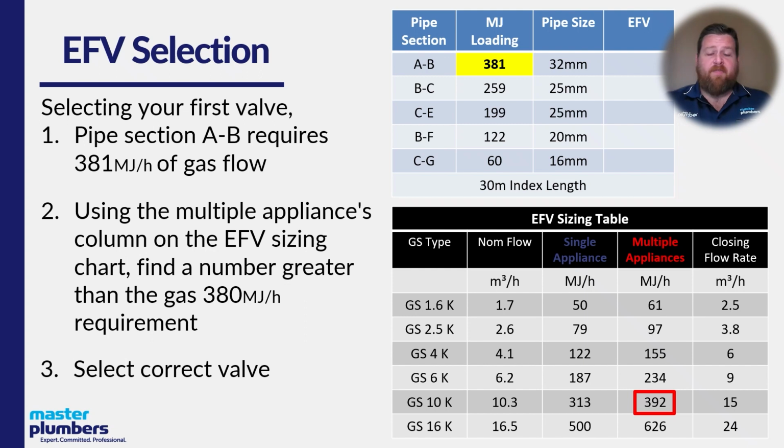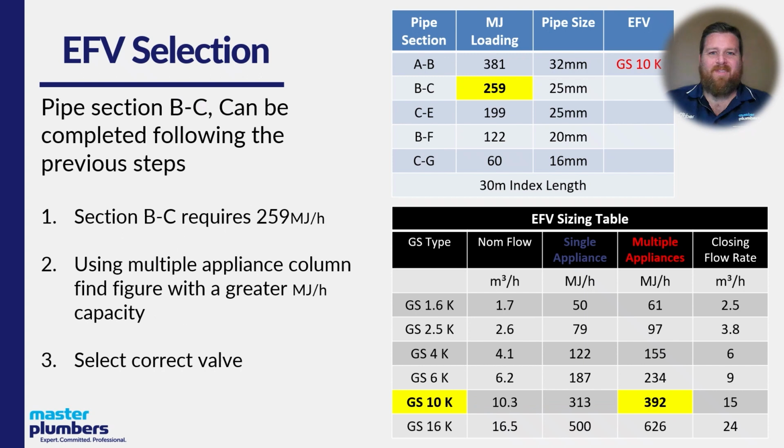We're then going to follow that 392 megajoule row over. We're going to find that that equates to a GS10K excess flow valve, and we'll put that up there in the excess flow valve column for pipe section A to B.